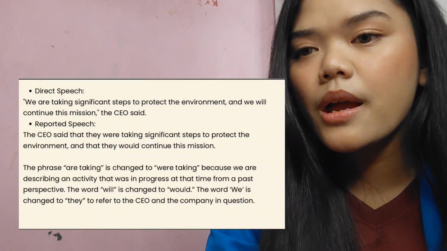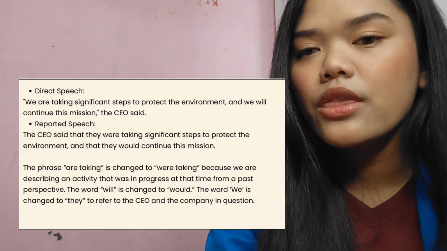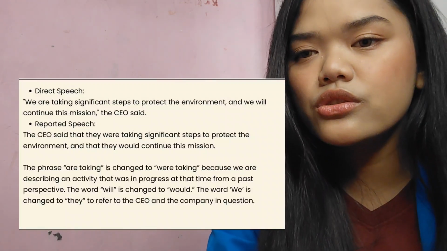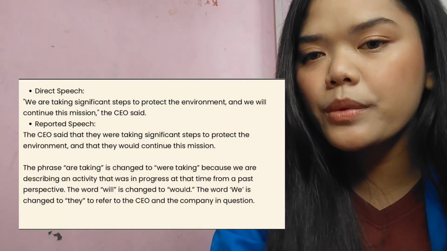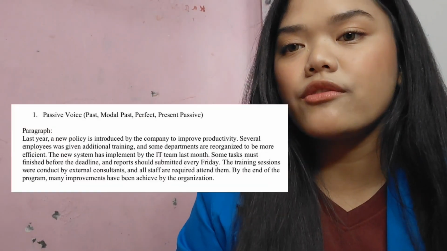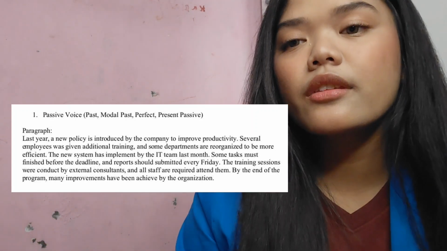From a past perspective, the word will is changed to would, and the word we is changed to they to refer to the CEO and the company in question. And this is the reference.